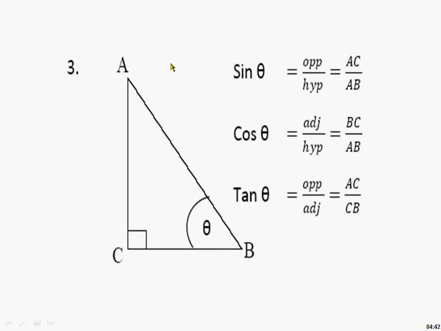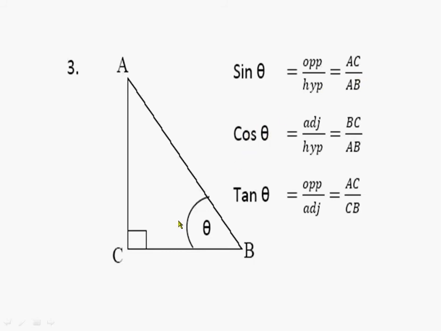Now, let us look at a typical triangle and see if we can pick out what the sine, the cosine, and the tan of the specified angle theta will be. Sine theta is opposite over hypotenuse. In this case, opposite is AC over hypotenuse, which is opposite the right angle, which will be AB. So sine theta is AC over AB.